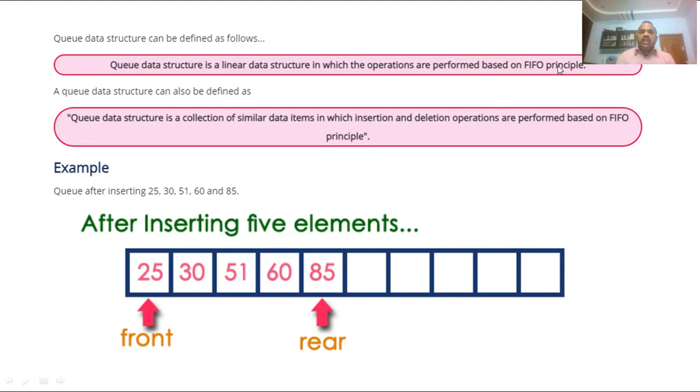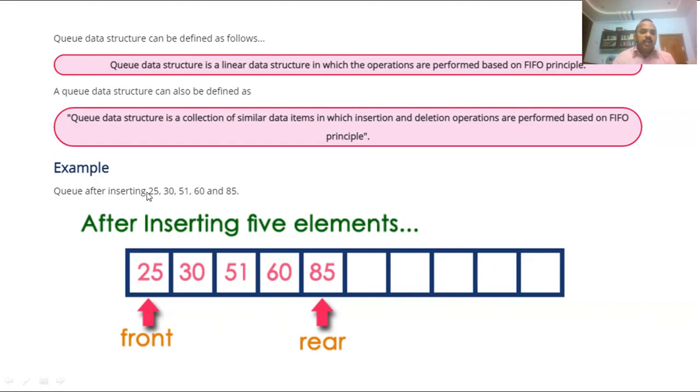A queue data structure can also be defined as a collection of similar data items in which insert and delete operations are performed based on FIFO principle, first in, first out principle. Clear?